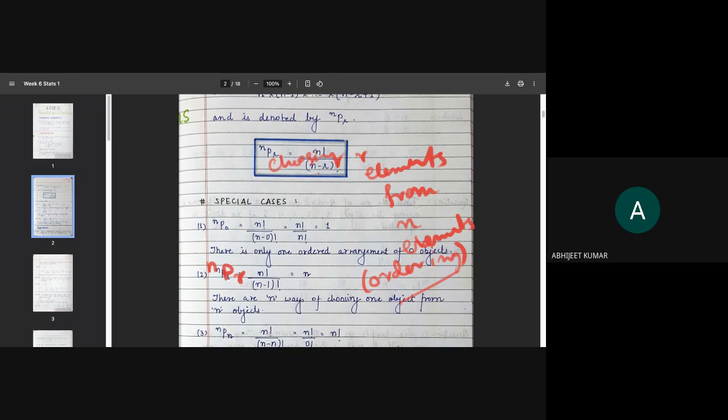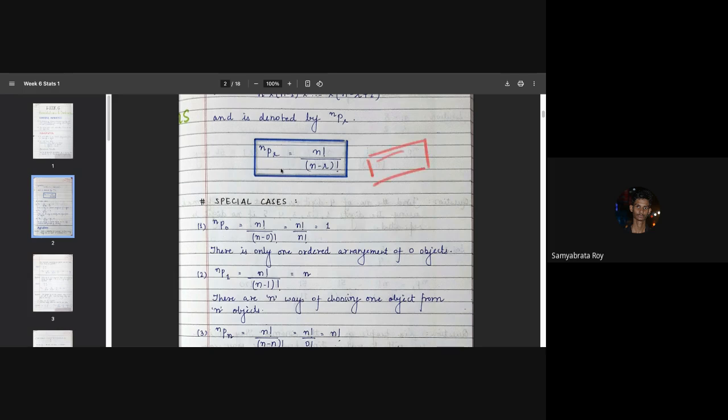Okay, now what if I'm choosing zero elements? Suppose I have a box of pens. Now I'm choosing zero, so there must be only one way to choose nothing, right?